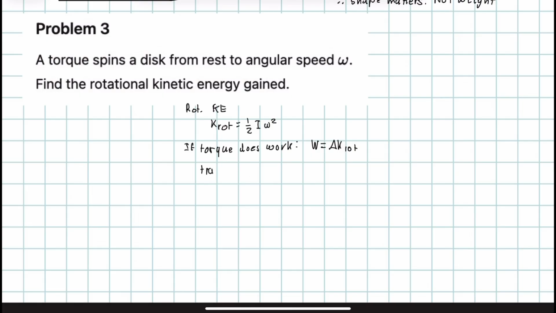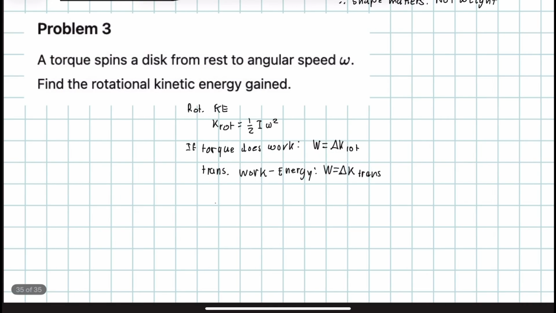So this is translational work energy, which is just that W is equal to delta K. It's basically the same thing. So basically, this is just kind of a trick question.